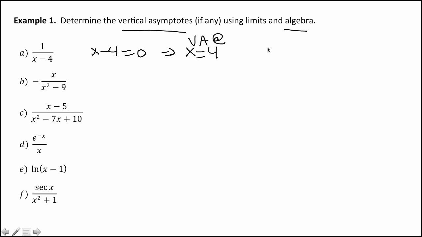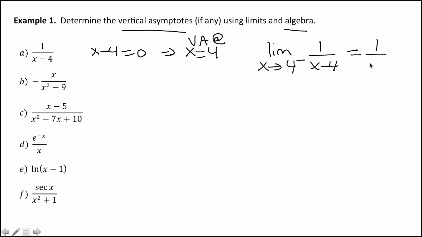Okay, so what we're going to do is take the limit as x approaches 4 from the left and right sides. Let me just write the function out here. One easy way to do this: you're approaching 4 from the left side, so you want to plug in a value that is to the left of 4, like 3 or 3.5, anything smaller than 4 on the number line.